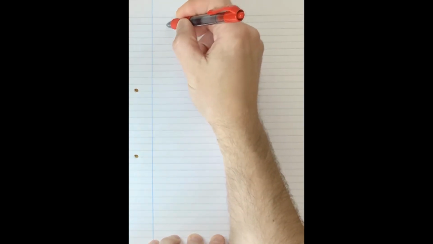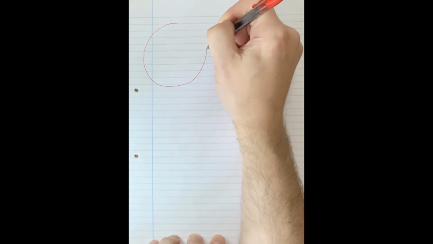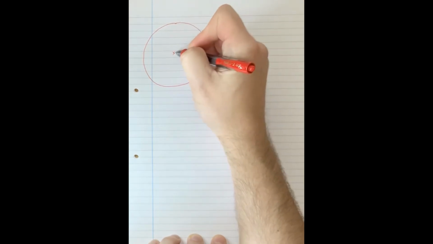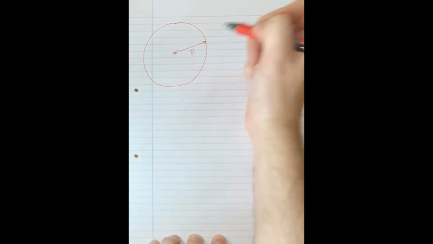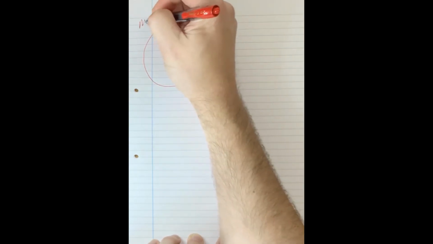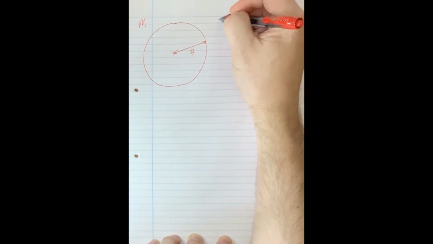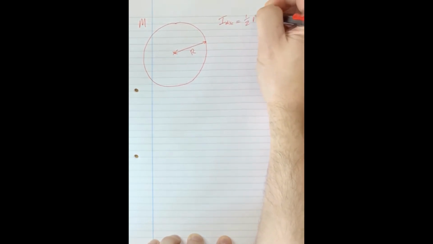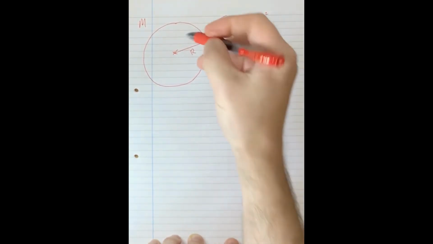To start off then, the moment of inertia of a thick ring. What I'm suggesting is that if you had a disc, and before, to calculate the moment of inertia of this disc of radius r and mass m, just to remind ourselves, the moment of inertia of a disc is half m, the mass of the disc, times r, the radius of the disc, squared.